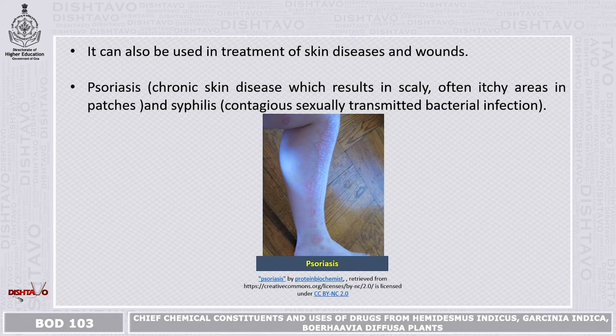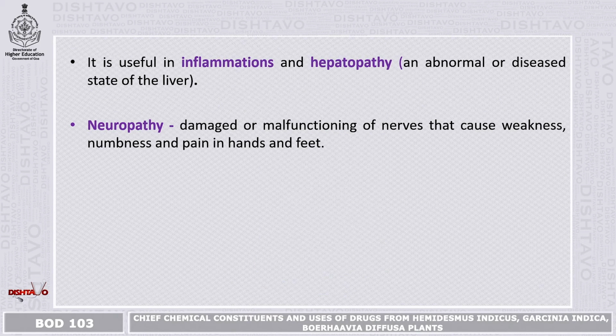Also, there are some diseases which can be contagious and sexually transmitted by bacterial infections that can be cured. It has also been useful in inflammations and hepatopathy, an abnormal or disease state of the liver.